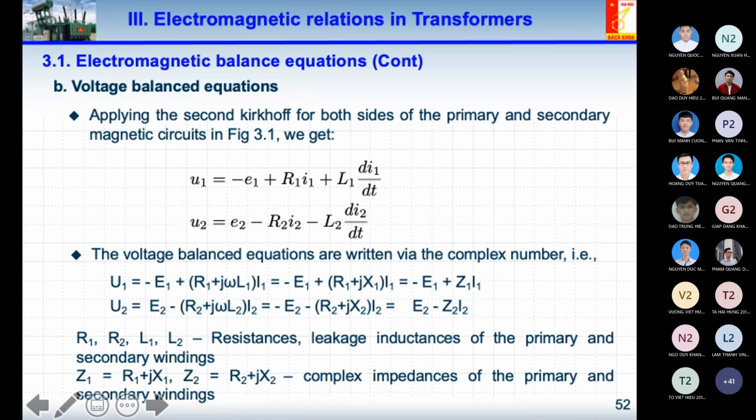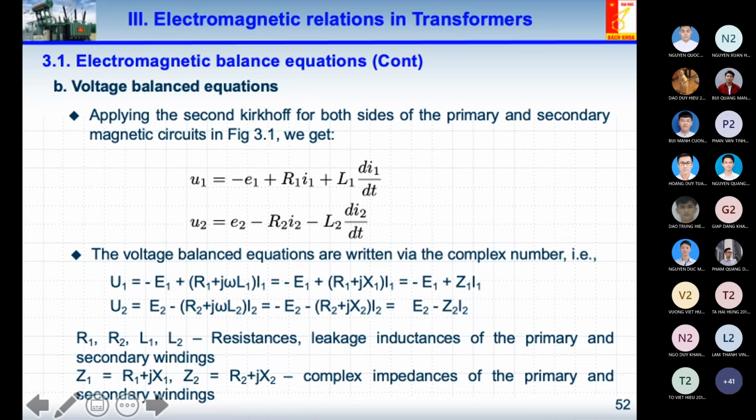Once we get three different balance equations, the first one is the voltage balance equation for the primary winding and the secondary winding, and now we also get the current balance equation, or the magnetomotive force balance equation. Now we get the set of three balance equations. It's rewritten as, you can see E1, as a complex number, as I said before, with the dot above the capital letter, here for the primary winding and here for the secondary winding of the transformer.